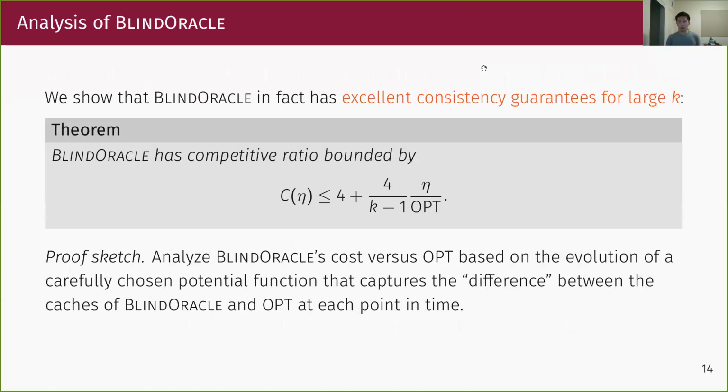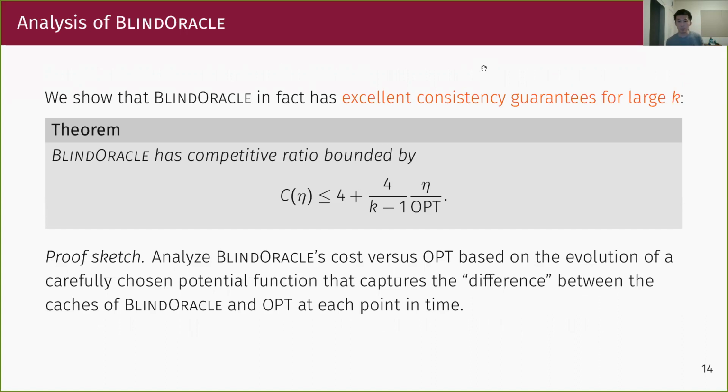So if blind oracle performs so badly, why would you care about this at all? It turns out that despite the bad performance of blind oracle when eta is large, blind oracle actually has pretty good consistency guarantees when eta is small, and in fact better than all the existing approaches.